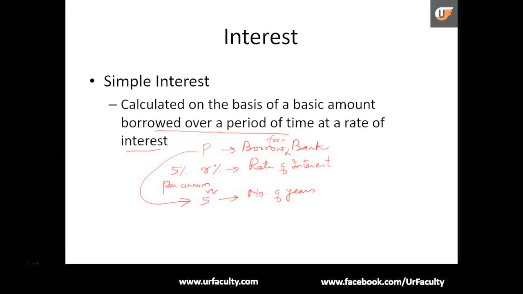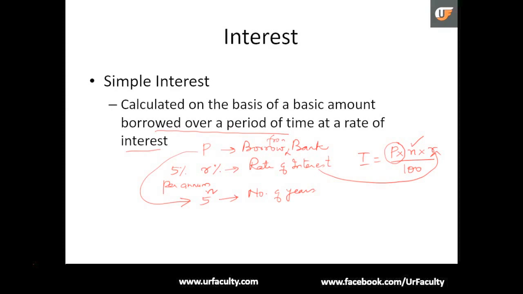So all this comes into your calculation for simple interest. Your simple interest is basically calculated as P into N into R by 100, and this 100 is basically your R percentage that you see over here. What are you trying to achieve here? We are basically trying to achieve a particular percentage value of principal that you have to pay in those n number of years.